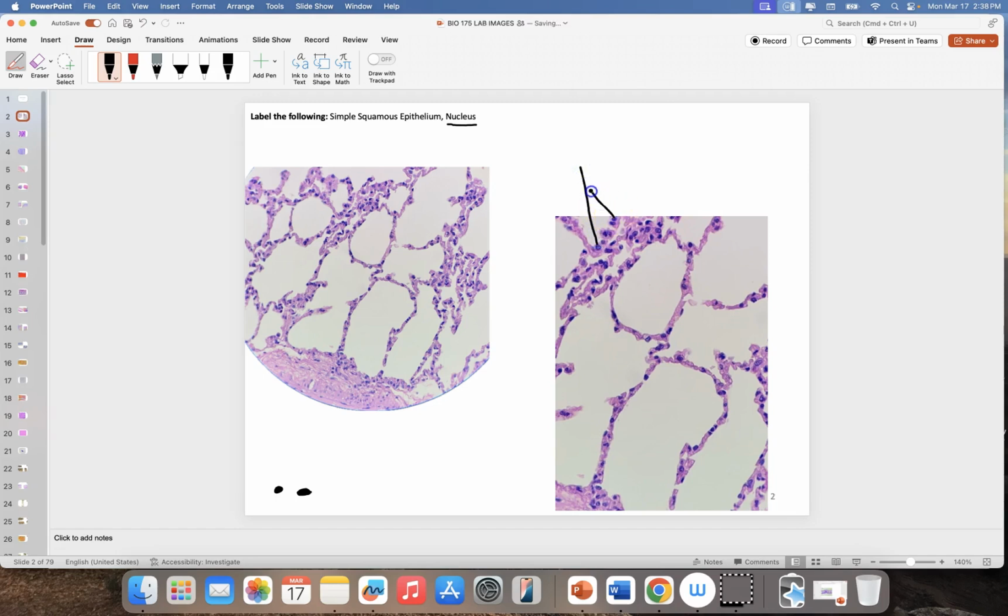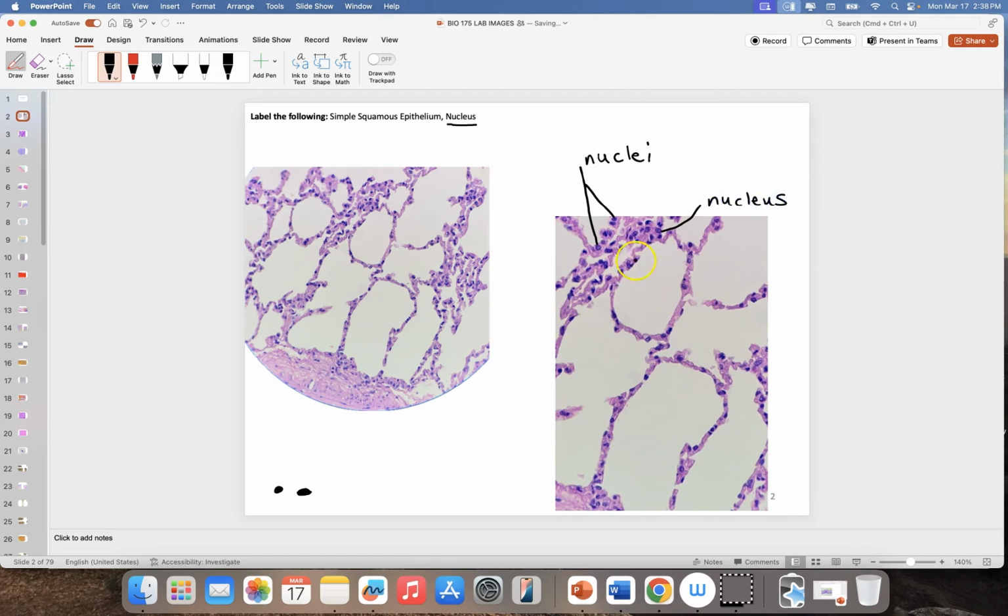We can see numerous circular structures that are stained darker. Those would be the nucleus for each cell. Plural would be nuclei, but there's a couple of nuclei there. If you just want to label one, there's one right there.